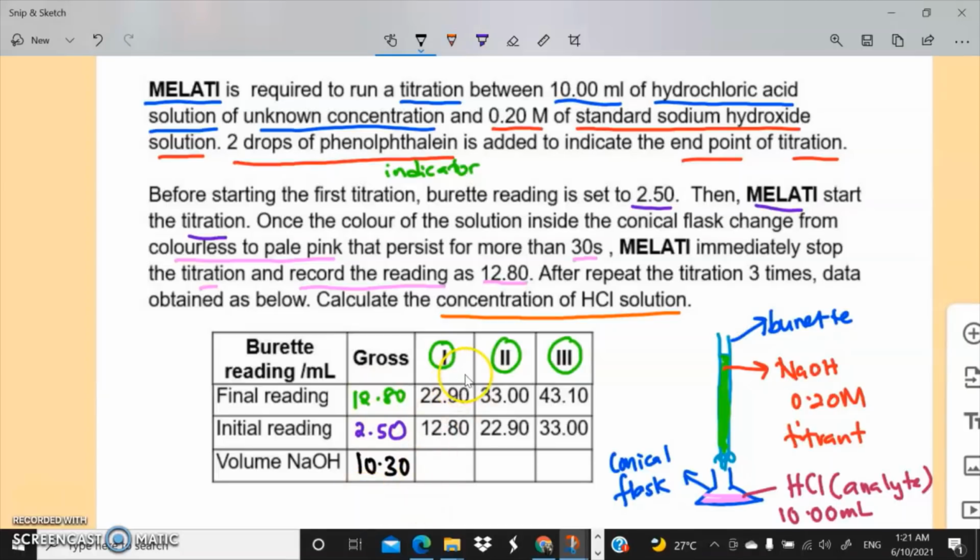After that, Molarity already repeated the titration 3 times. So initial and final readings were given. Now let us calculate how much volume of sodium hydroxide was used in set 1, set 2 and set 3. So here 10.10, here also 10.10, here also 10.10 ml.